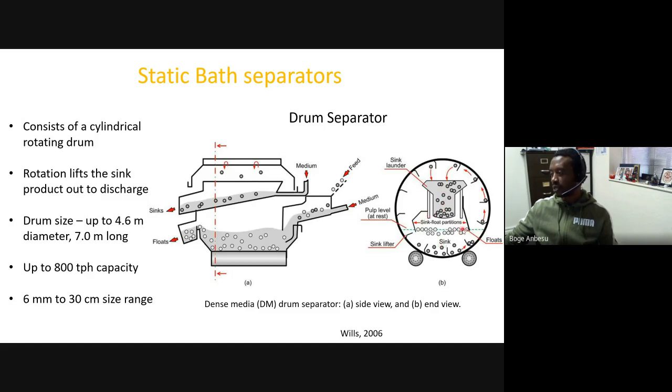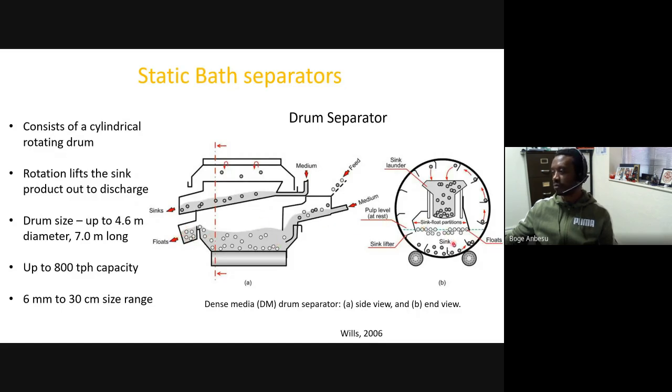What happens to the lights or the floats? They always remain suspended in the drum. Sinks are coming and being collected here, and we're constantly pumping particles and medium through this chamber. So eventually the particles in the drum should be displaced, and as they're displaced, the light particles will exit the drum through this bottom chamber here.